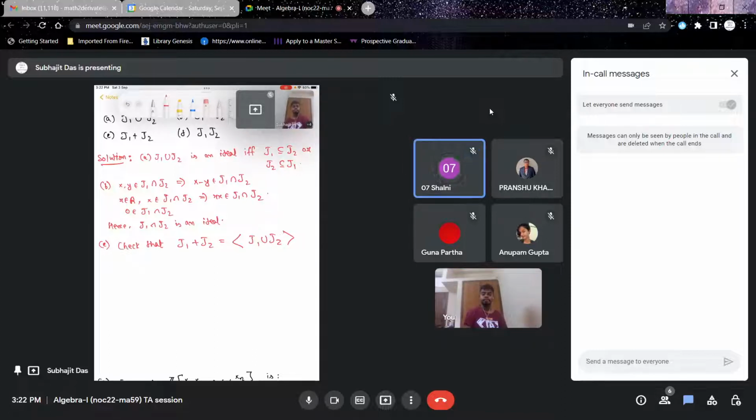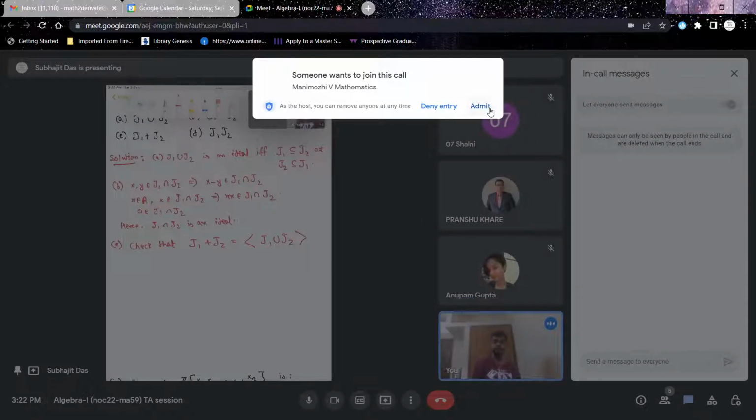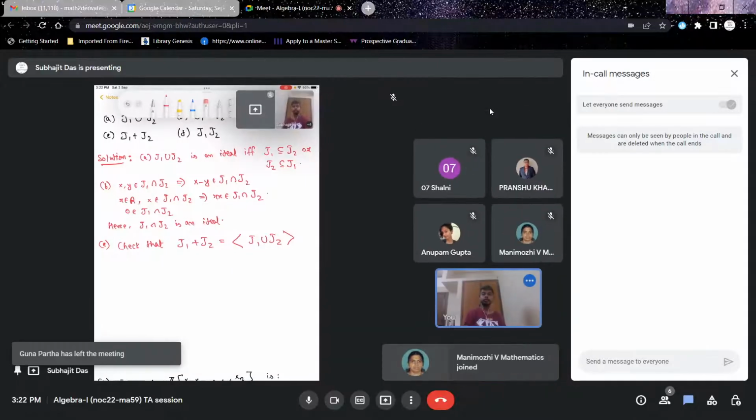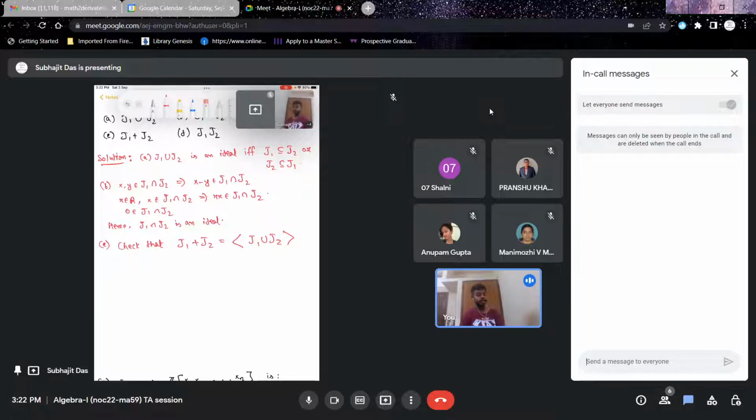Yes, sir. So what can be the appropriate analog in the case of rings? You take a ring R, you take a subset S of R. What is the ideal generated by S in R?